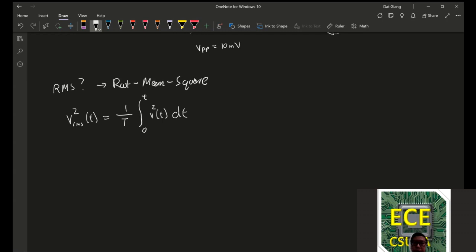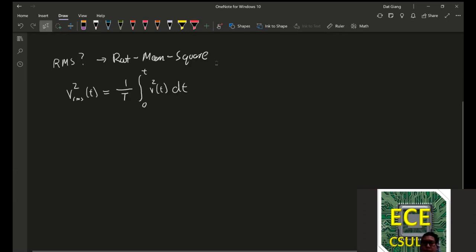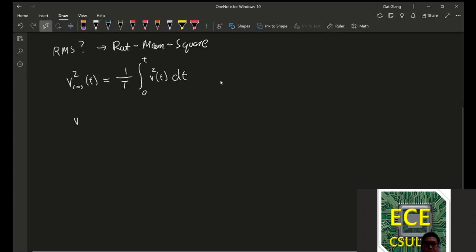Now, for the case of an alternating signal, one that is sinusoidal in nature, this relationship is V RMS equal to V of t divided by the square root of 2. So you have the root, the mean, and then the squared part of it.